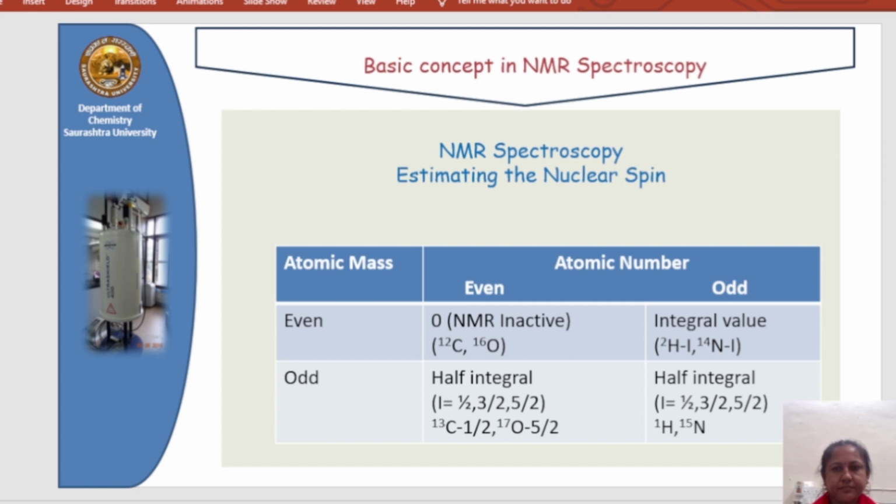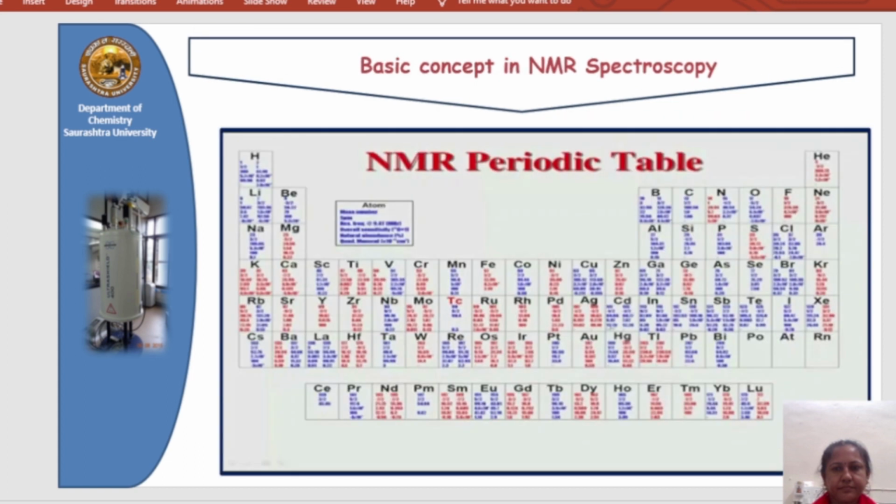So we can do that related to that. This principle we can extend all over the periodic table. No doubt this is not enough information for getting the information whether it is NMR active or NMR inactive. But from that we find out whether the atomic mass is odd or even, and the mass number is also even or odd.